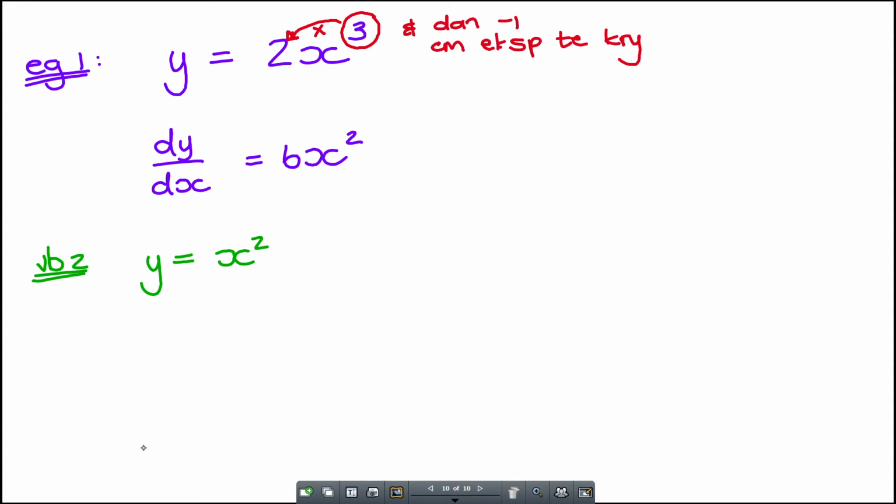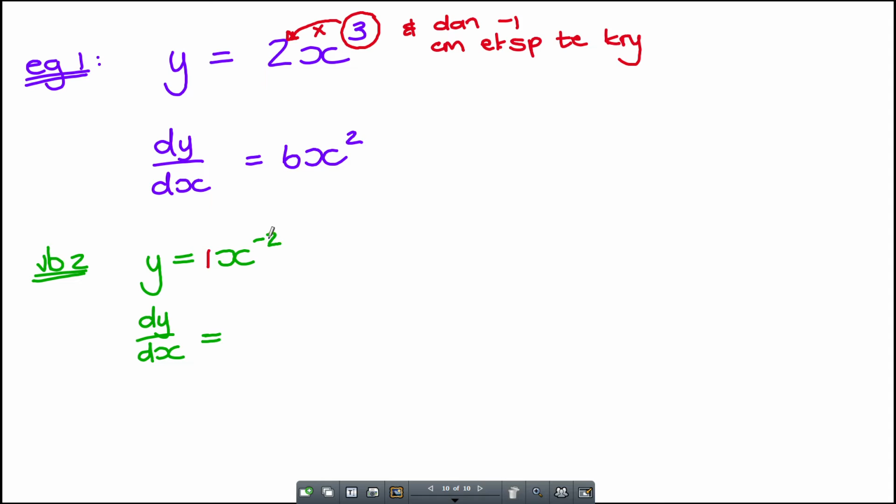Let's make it minus 2. Okay, so if I get derivative, dy over dx will then be, okay, now, what actually stands in front of this x? A 1.